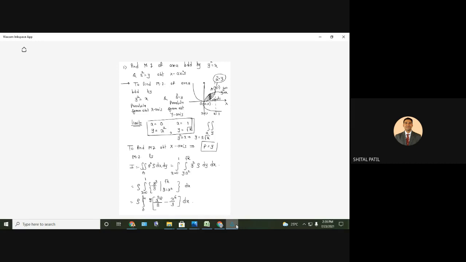Now this is the single integral and we have to solve it, not a difficult part. I will integrate and write on the next page. Can I change the page? Yes, sir.